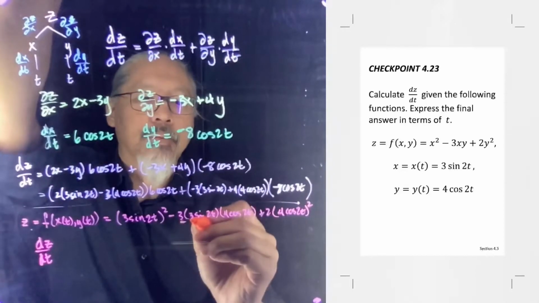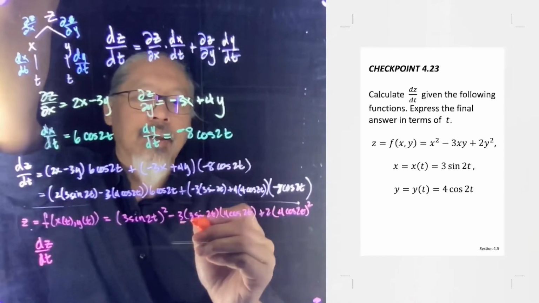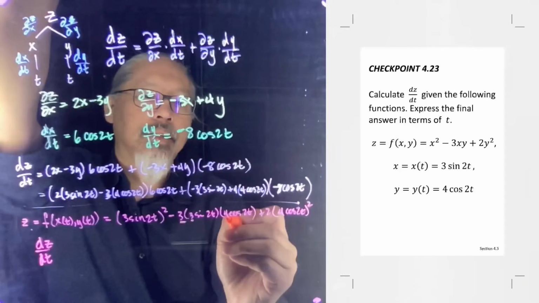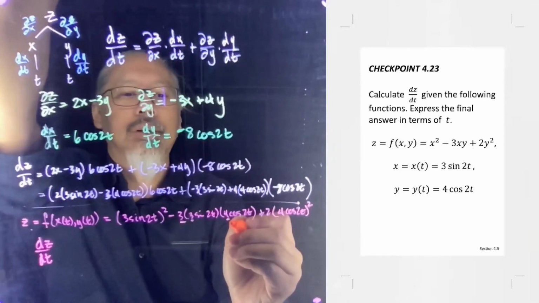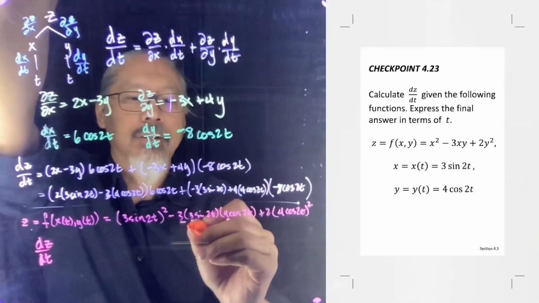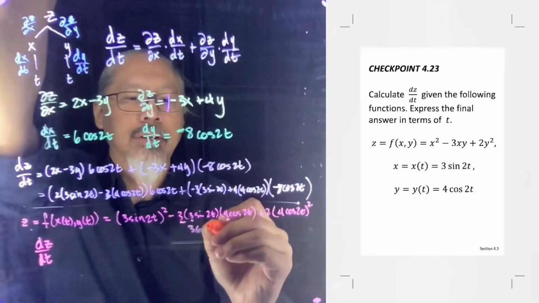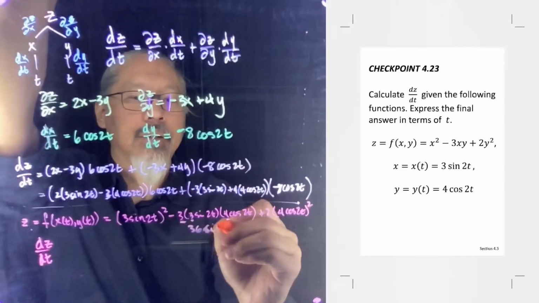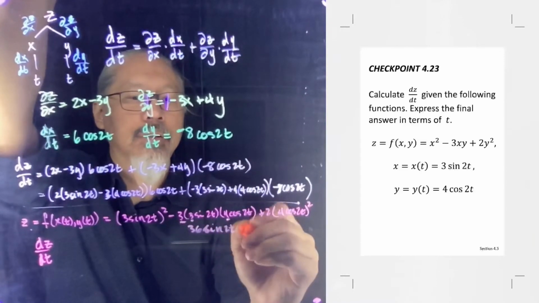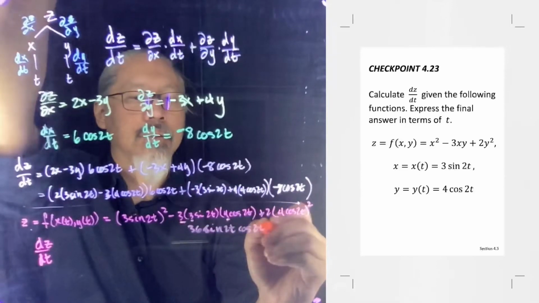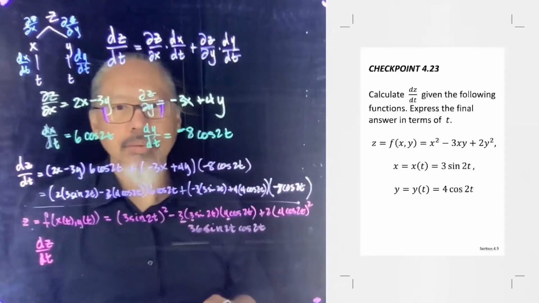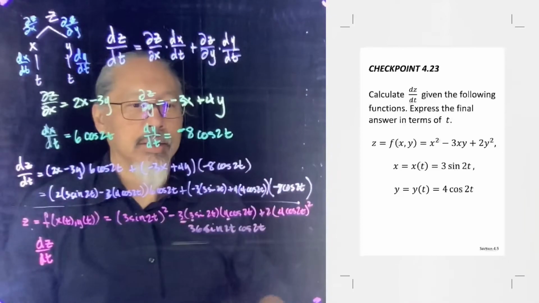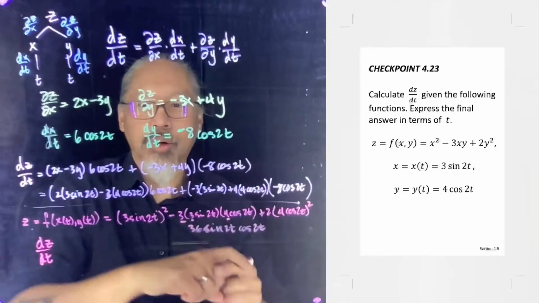The middle term will be 3 times 3 is 9, times 4 is 36, so this would be 36 sine 2t cosine 2t. Everything else we'll work with.